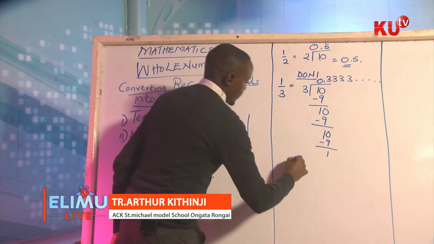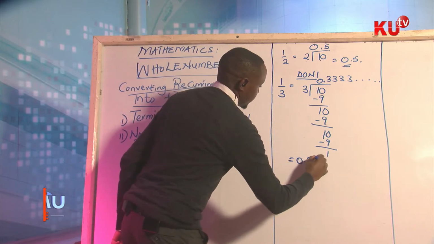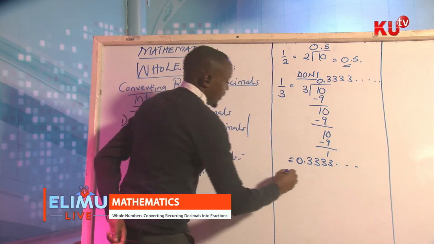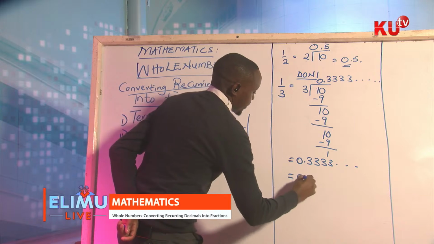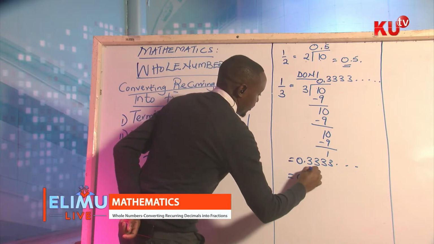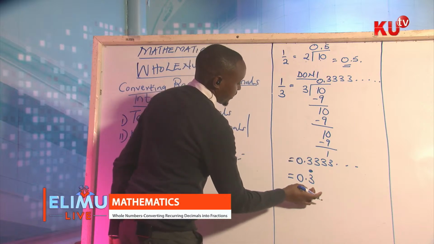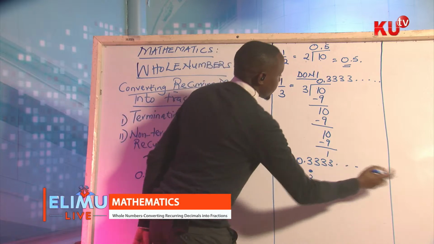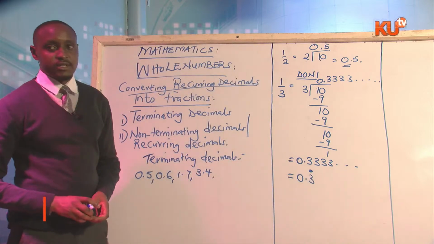So our answer here is 0.3333, and so on and so forth. This one is normally written as 0.3 with a dot. When it is written like that, it means 3 is the number that is repeating itself, that is not ending.